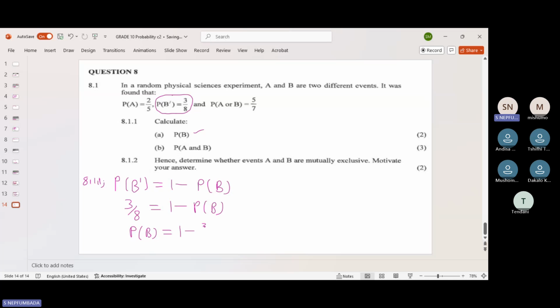Then it's 1 minus 3 over 8. Therefore the probability of B is equal to 5 over 8.